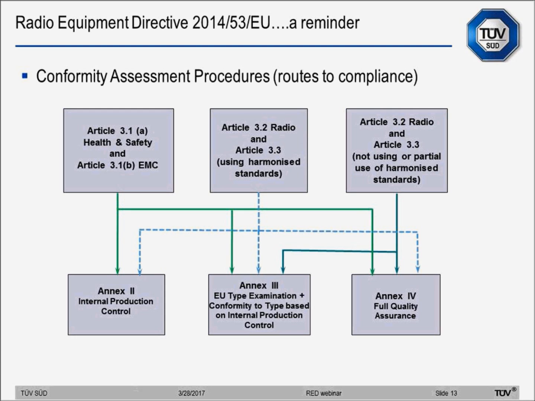The top right box is for Article 3.2 radio and Article 3.3, where there are no harmonised standards, or you're partially using harmonised standards, or you're using draft standards, etc. In which case, the only routes to compliance are Annex 3 or Annex 4, which require a notified body.